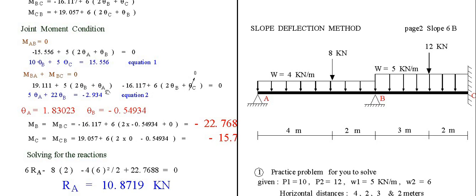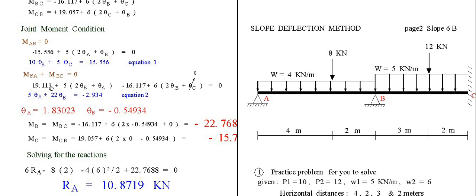Arrange the variables here alphabetically. So we have 5 theta A, and for theta B we have 12 and 10. Okay, 10 and 12, so 22 theta B. The constants we have, positive and negative. Positive is greater than negative.